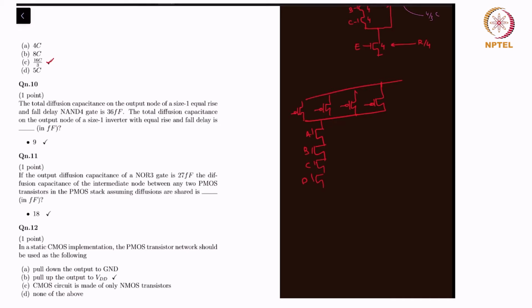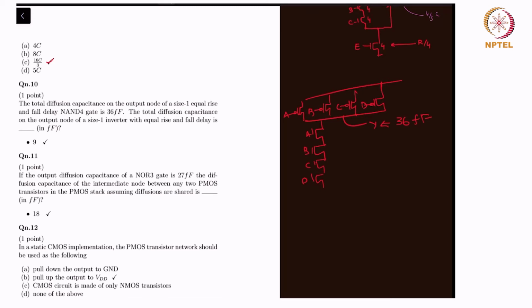A, B, C, D. This is the output node Y, and it has a capacitance of 36 femtofarad. This is the total parasitic diffusion capacitance here.